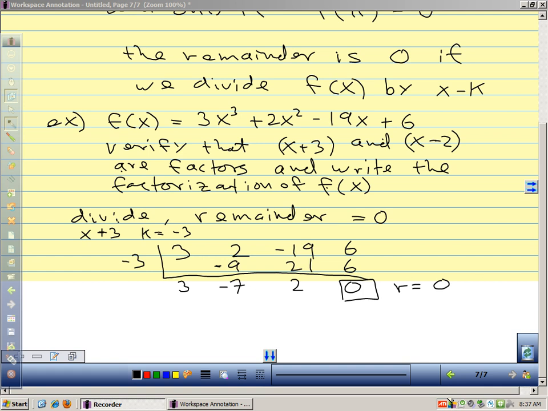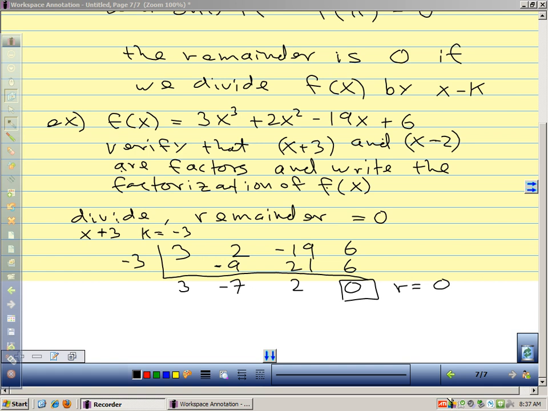Now, just like when we factor a number, think about if I wanted to factor 36. If I could divide 36 by 2, and I divide 36 by 2 and I get, what? 18. Then I can divide 18 by 3. I can divide in any order.